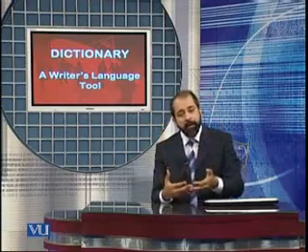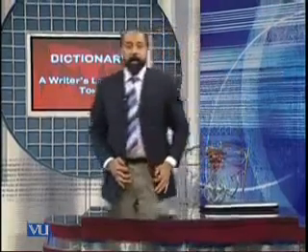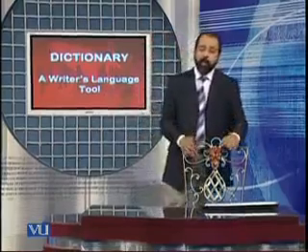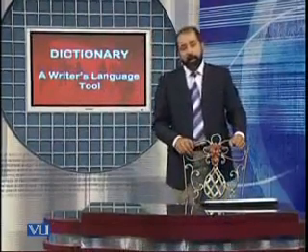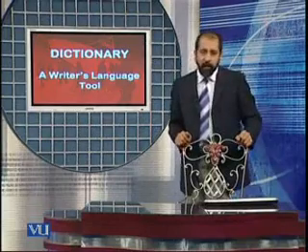If that word is available in phrasal form, then the phrases are there. Idioms are there. Compound words are there. And derivatives are there. And then there are some special sections which can be of your interest. So this is how dictionaries help their users.